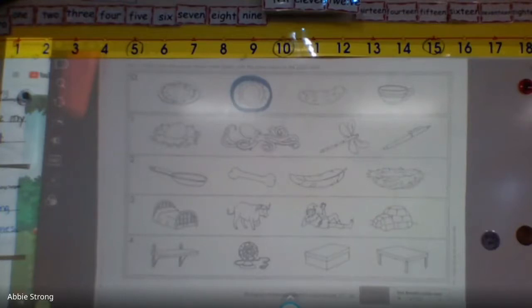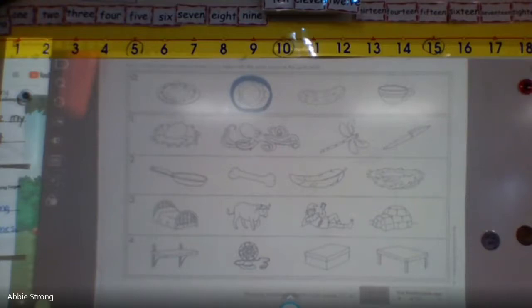Now, look at number 3. Okay, thanks for helping me out with that, Matthew. Number 3, put your fingers on the pictures. Put your fingers on the pictures. Bed, ox, elf, and igloo.